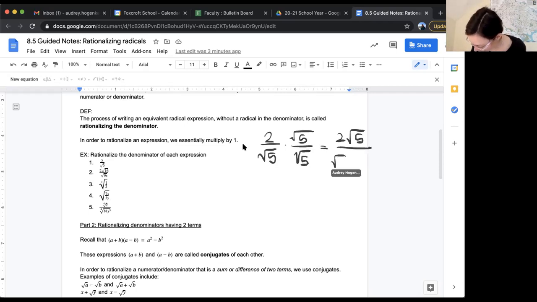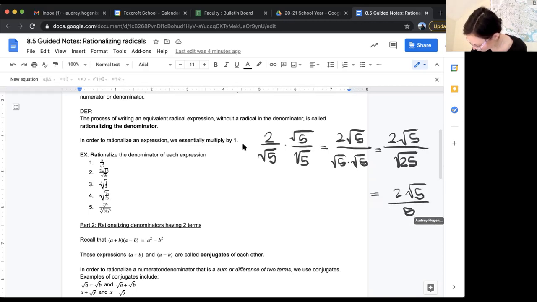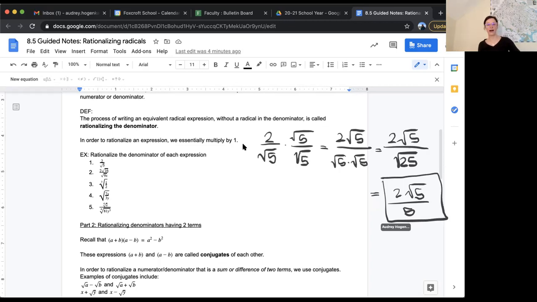So square root of 5 times square root of 5, that's going to be equal to the square root of 5 times 5, which is 25, and then the square root of 25 is itself 5. So we will have 2 square root of 5 over 5. And that is the rationalized version of 2 over square root of 5. It's literally the same expression, except for now we don't have a radical in our denominator anymore.